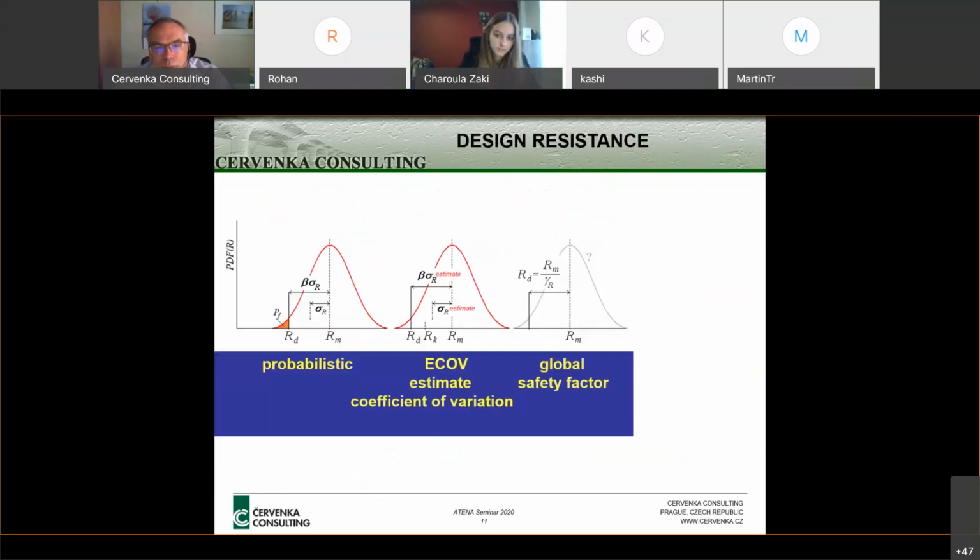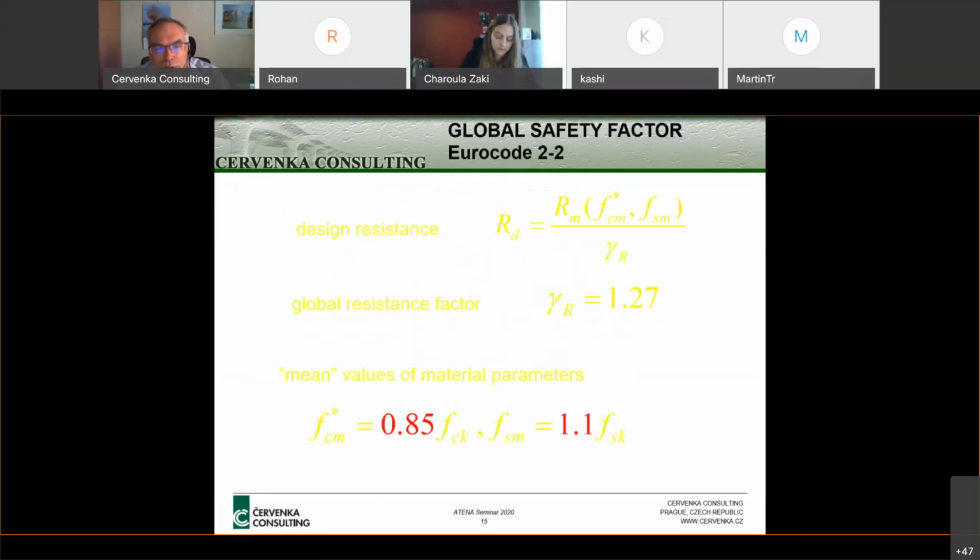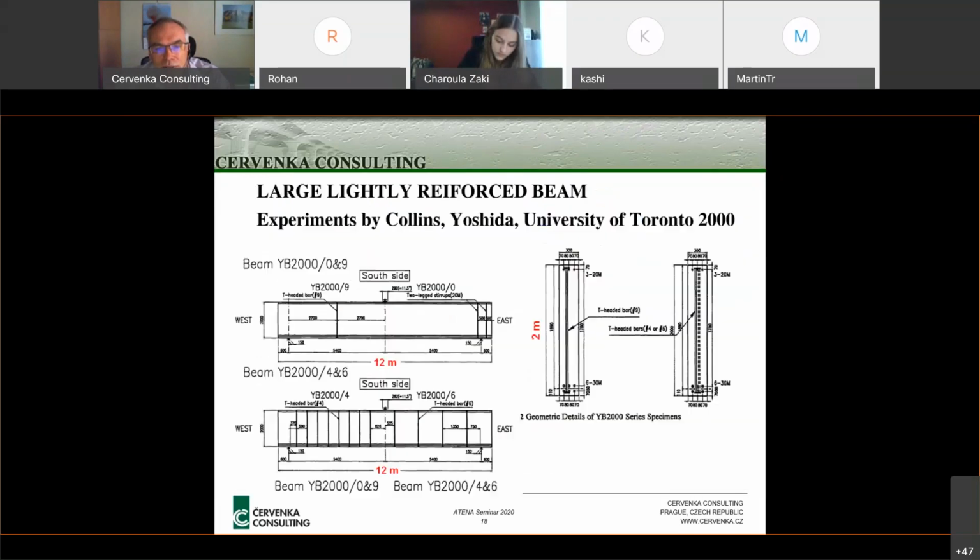The best way, of course, is to use some experimental results. So I will show now data which were actually published in one of our recent papers on this topic, published in the FIB journal.